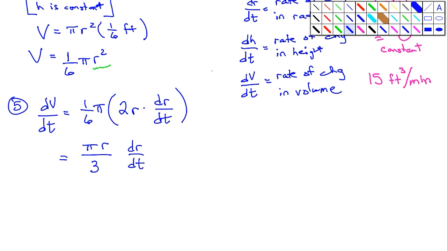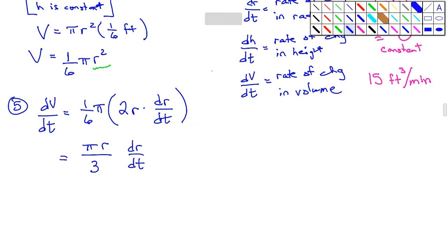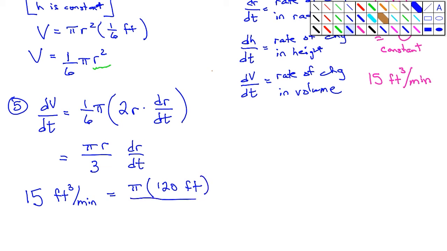Now recall our numbers and what we're searching for. We're actually looking for dr/dt. So you could solve this equation for dr/dt right now, or you could just plug in the numbers and solve afterwards. So we have 15 cubic feet per minute is equal to pi times 120 feet divided by 3.